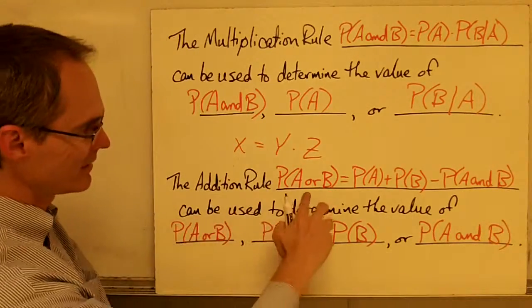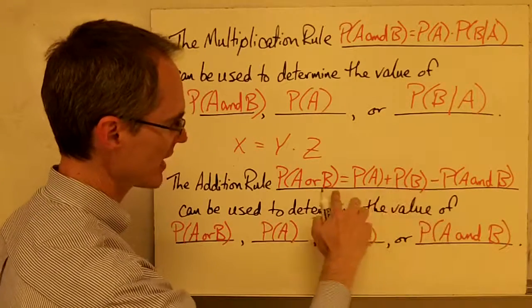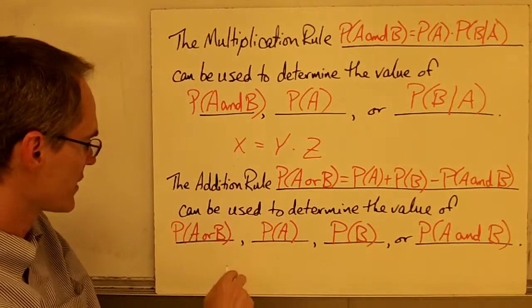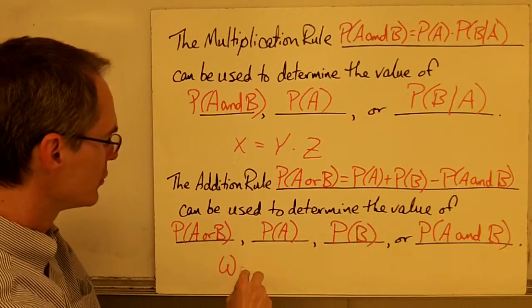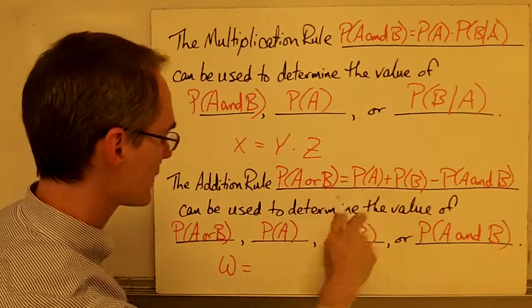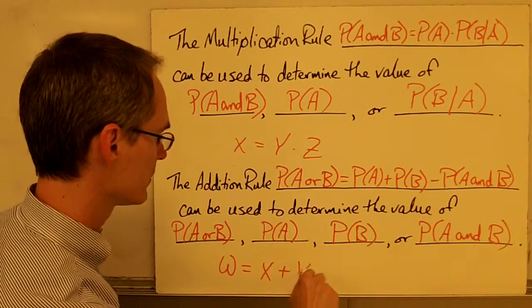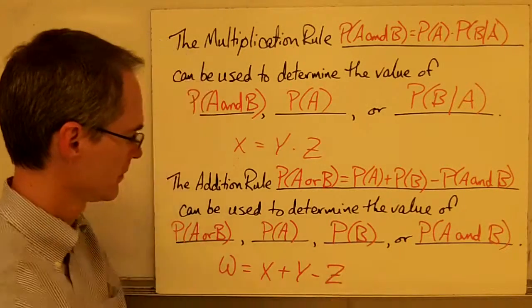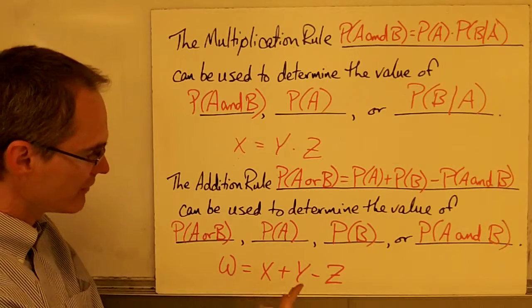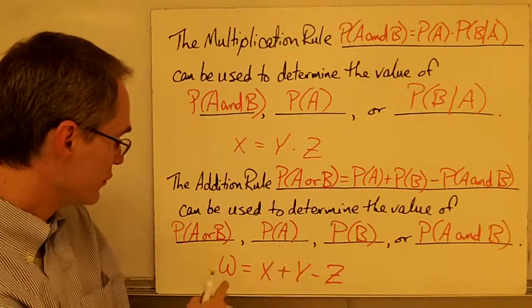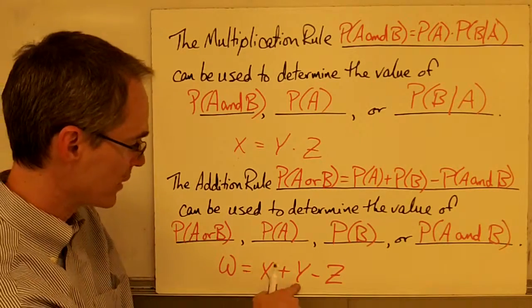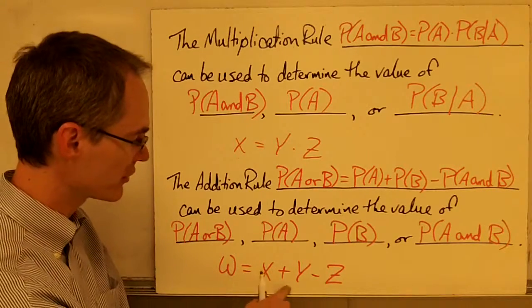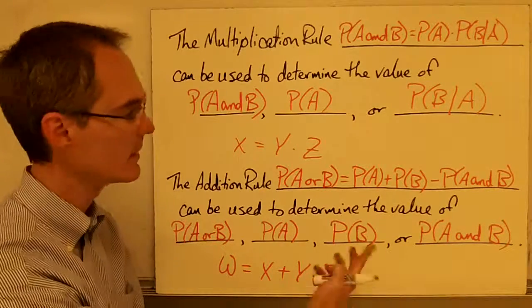And again, this formula is really just another way of writing, for example, W equals X plus Y minus Z. And if I had numerical values for, say, W and X and Y, well, then I could plug those values in and I could find the value of Z. It's the same way here.